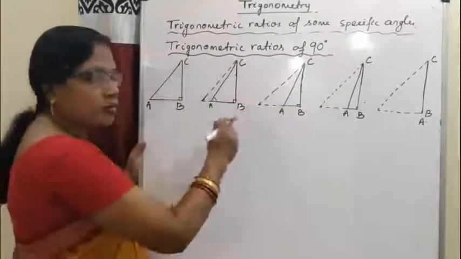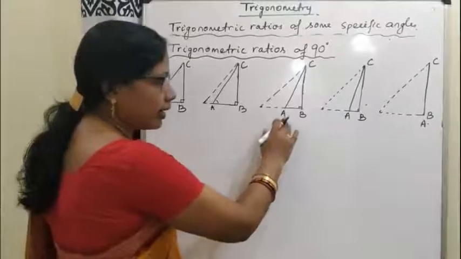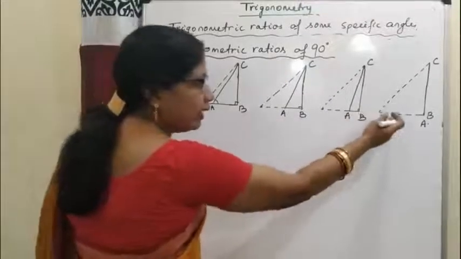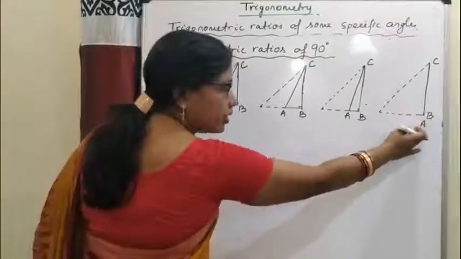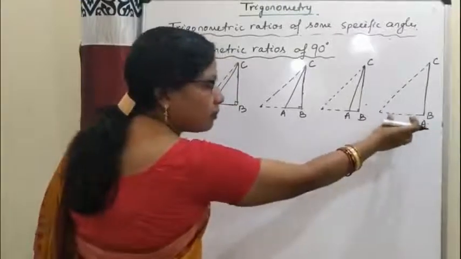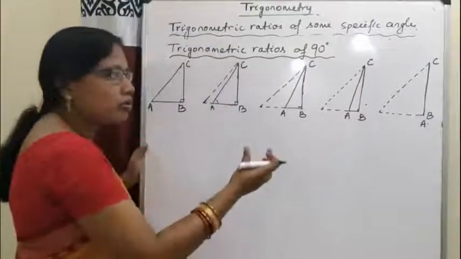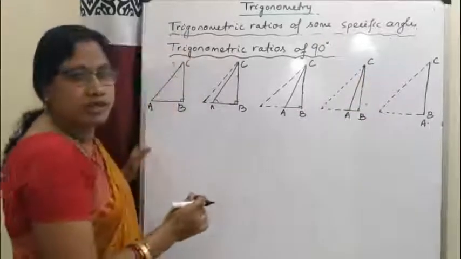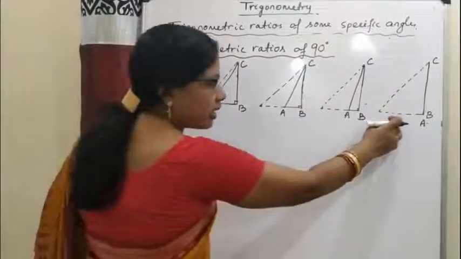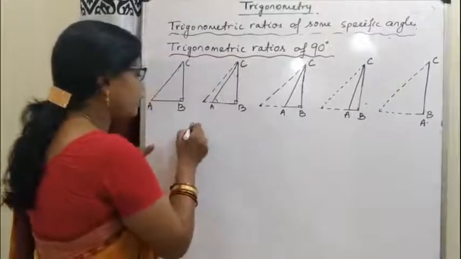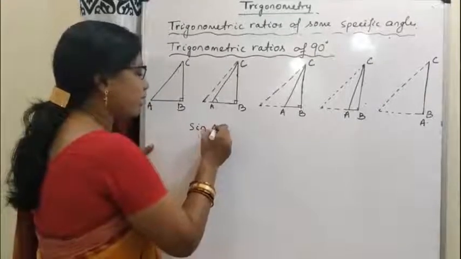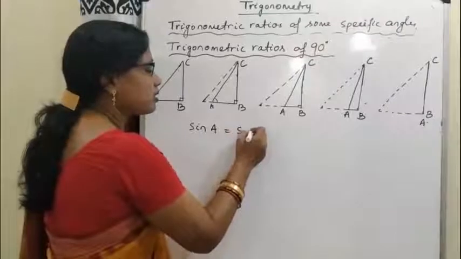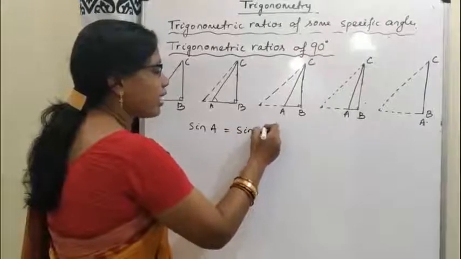If the process continues, the angle A becomes 90 degree and A coincides with B. So AB becomes nearly equal to 0 and AC coincides with BC. From this triangle, if we find the trigonometric ratios of A, that will become the trigonometric ratios of 90 degree.